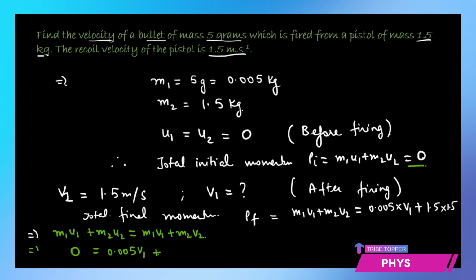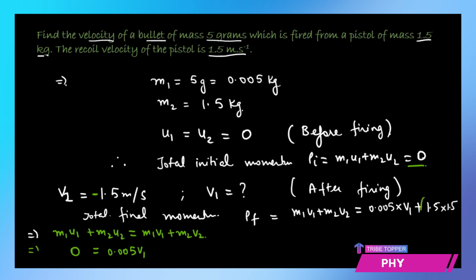But I'll put a negative sign here because the velocity of the bullet and the velocity of the gun are directed in opposite directions, so v2 is negative 1.5.